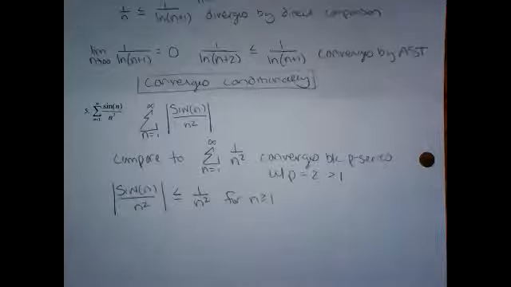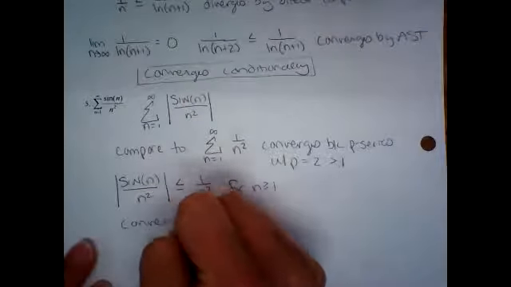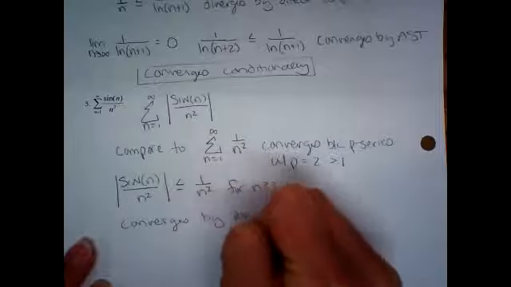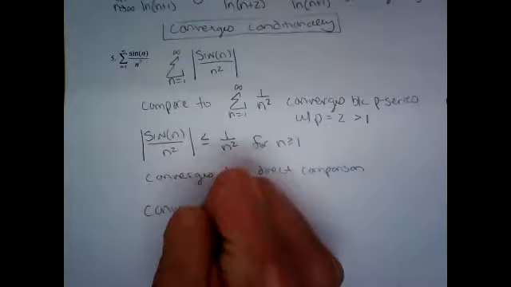So since that is true, we're going to say that this converges by direct comparison. Oh, happy day. That means we get to be done because since the absolute value converged, our whole big conclusion to the whole thing is: converges absolutely.